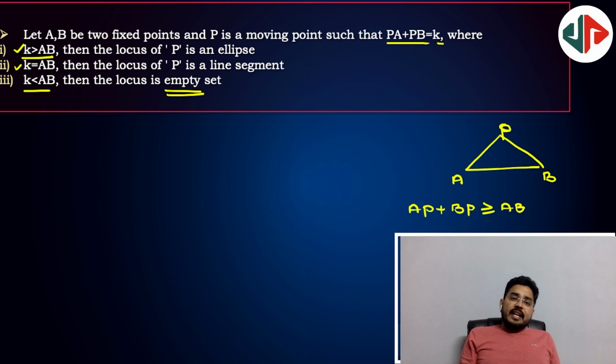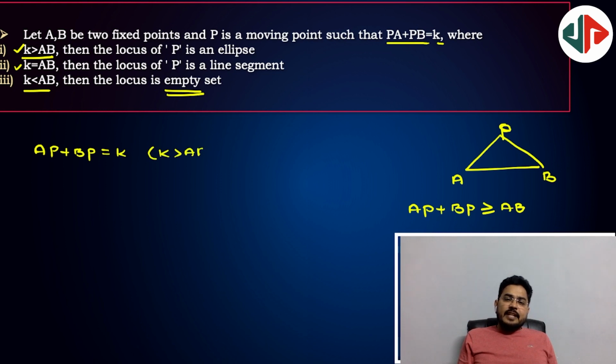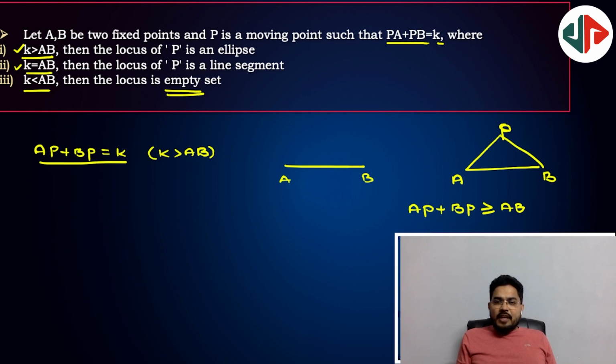So here let me take AP plus BP is equal to K, where K is greater than AB. So what is this locus? Here A, here B. If AP plus BP is equal to AB, then the point will be somewhere on the segment.